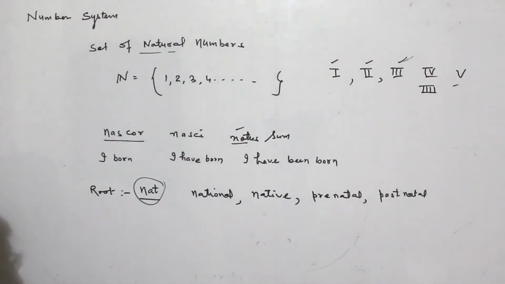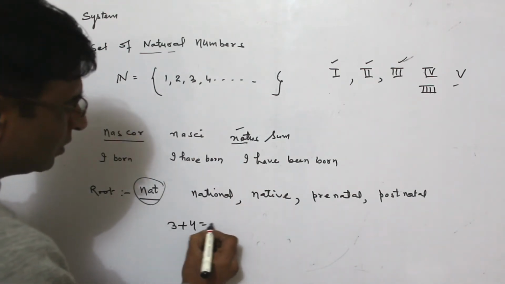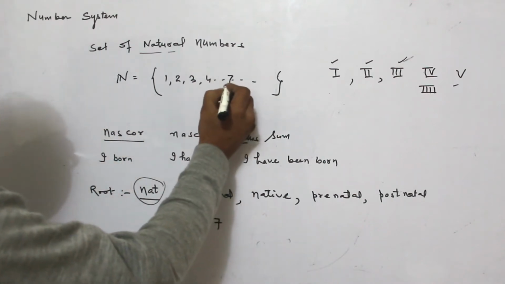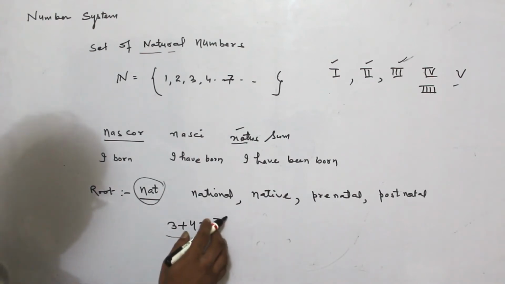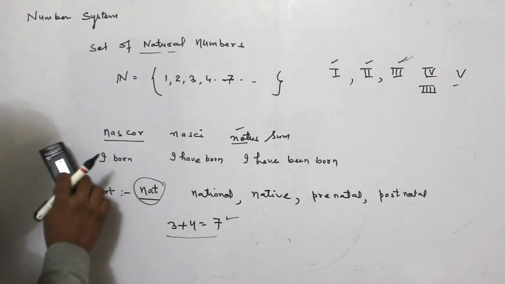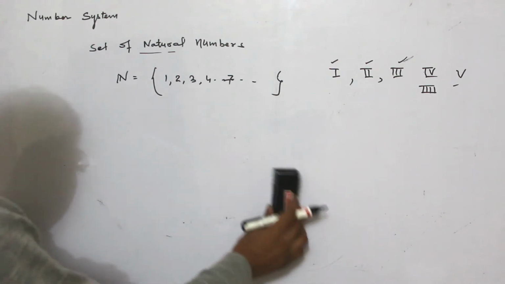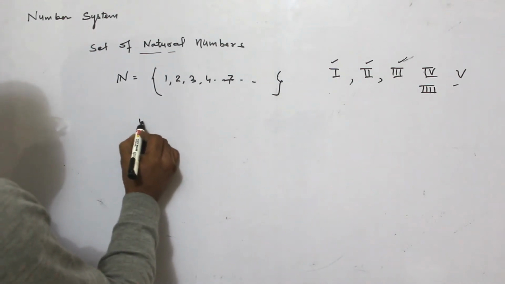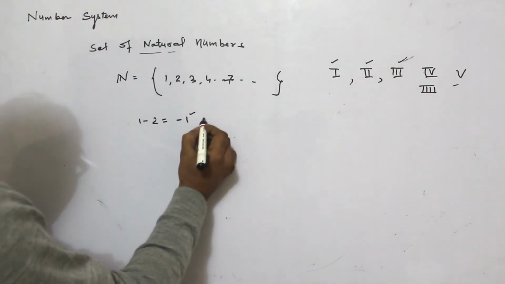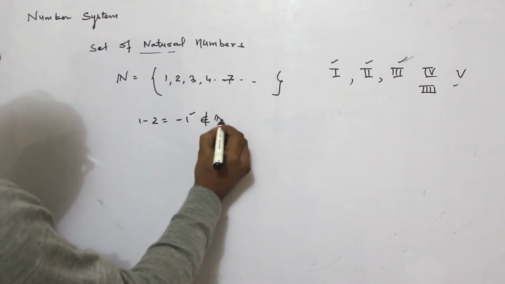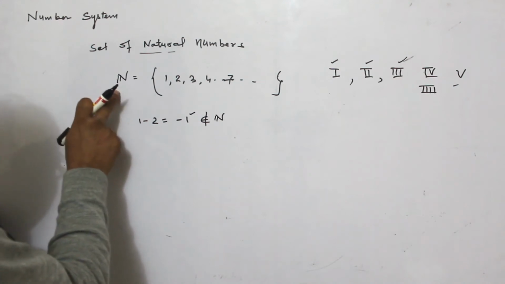Like 3 plus 4 is 7, and 7 is again a natural number. But if I use subtraction, what happens? If I subtract 2 from 1, that is 1 minus 2, I get minus 1, and minus 1 is not an element of N. That means this set needs further development.